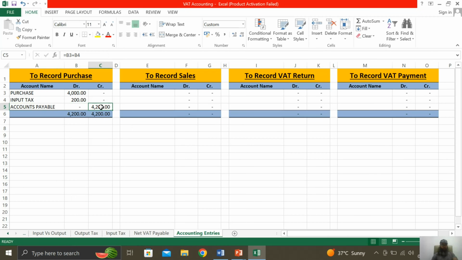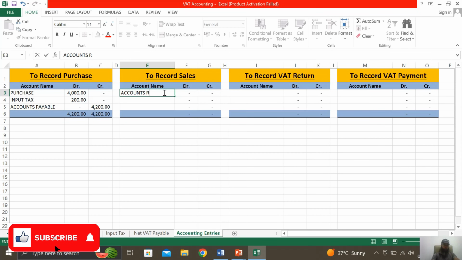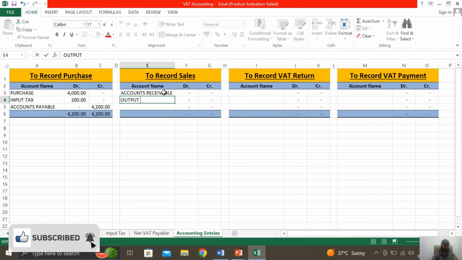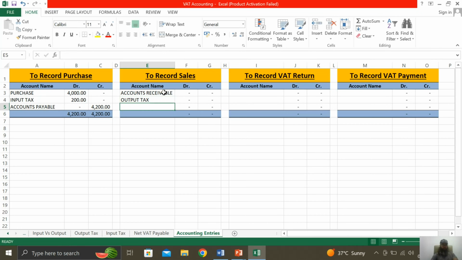And to record a sale, you will give debit to accounts receivable, and you will give credit to output tax and another credit to the sales.